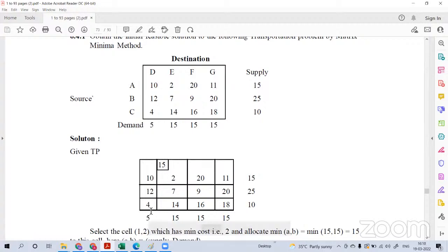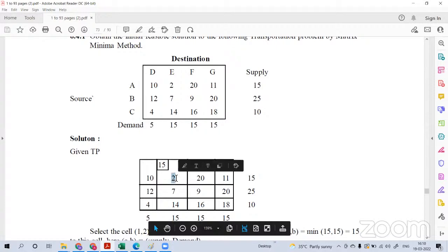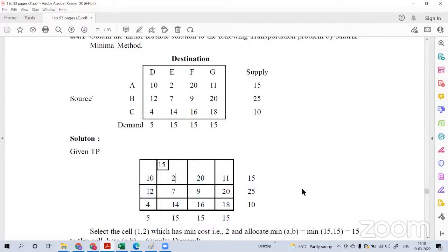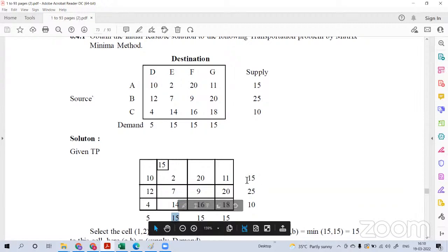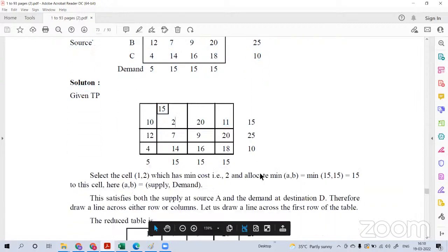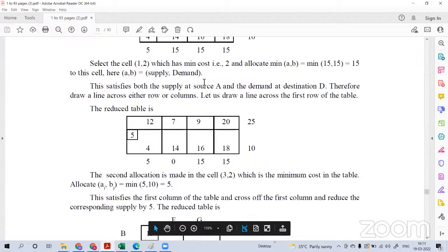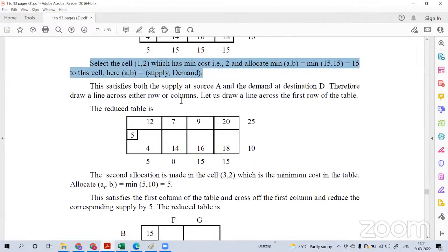I will allot 15 because it has the lowest cost in the entire cost table, which is the least. 2 is the least, so your supply is 15 and the demand is also 15. So I allotted the 15. That is how we allot. This is what we mentioned theoretically.